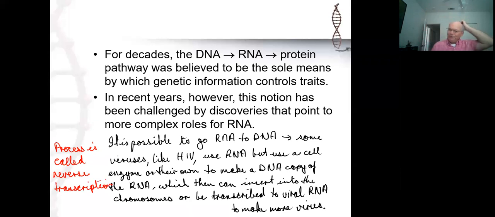And the enzyme is called reverse transcriptase. And some cells actually contain a reverse transcriptase, and some viruses actually possess their own.